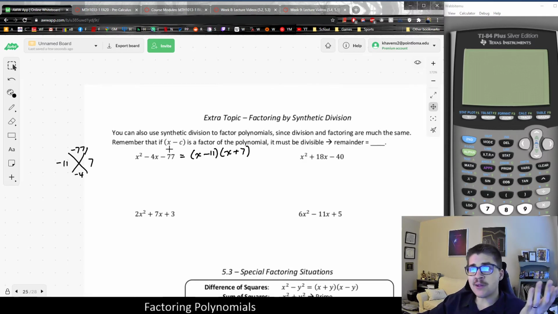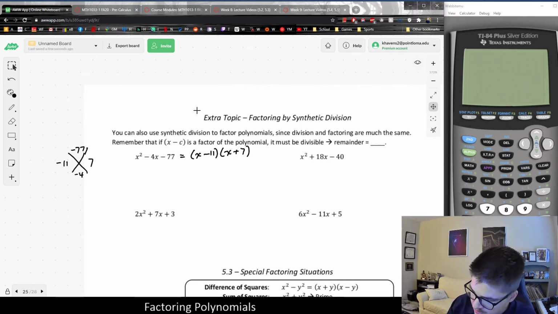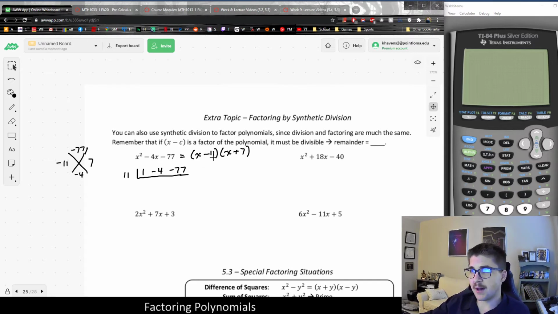So how could we have used synthetic division? My point here is that if I'm factoring a polynomial into 2 parts, that's equivalent to taking the entire polynomial and dividing by one of those. So another way we could have thought about this is if I take the original polynomial and put it in a synthetic division bar, let's say I was to divide out x minus 11. Remember, if I'm going to divide by x minus 11, that would just be equivalent to putting 11 here.